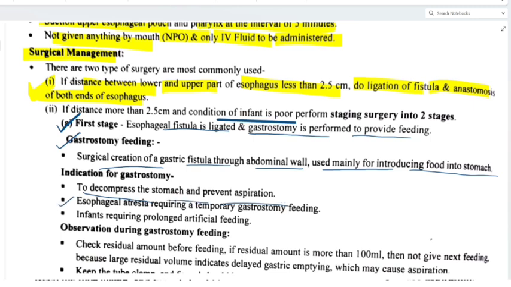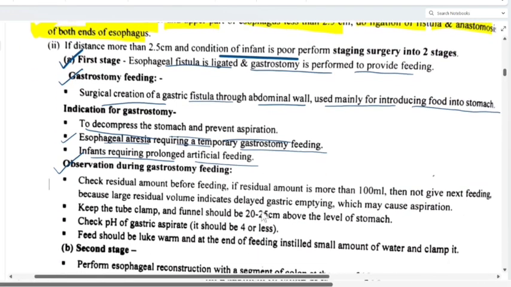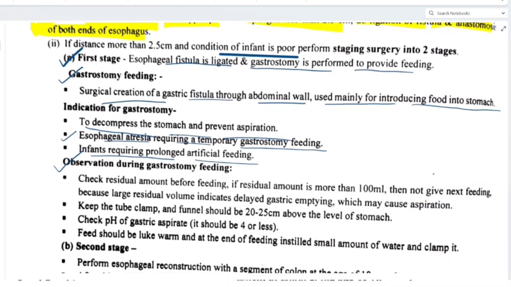And second is esophageal atresia requiring a temporary gastrostomy feeding. Okay, infants requiring prolonged artificial feeding. Then observation during gastrostomy feeding is to check residual amount before feeding. If residual amount is more than 100 ml, then do not give the next feeding. In case of adult, it is around 250 ml, right?